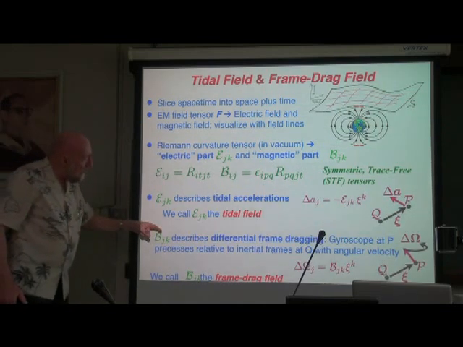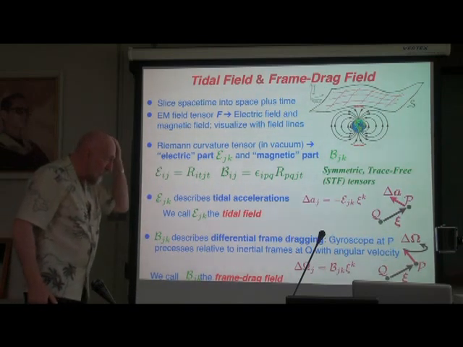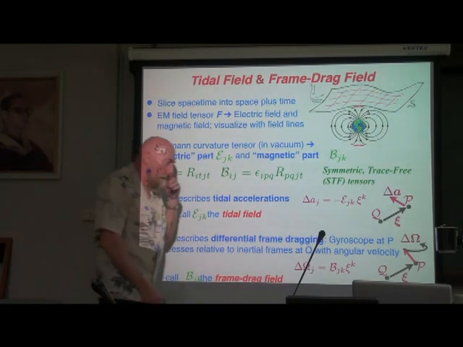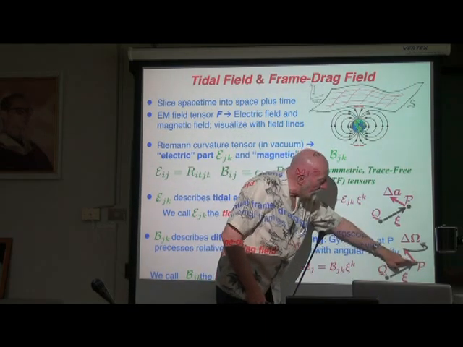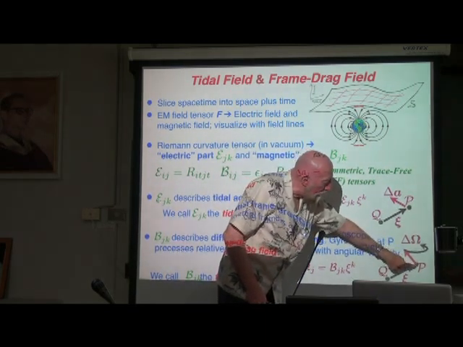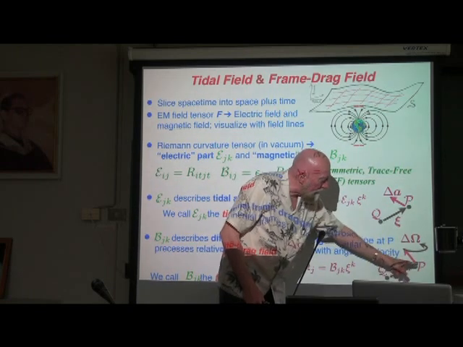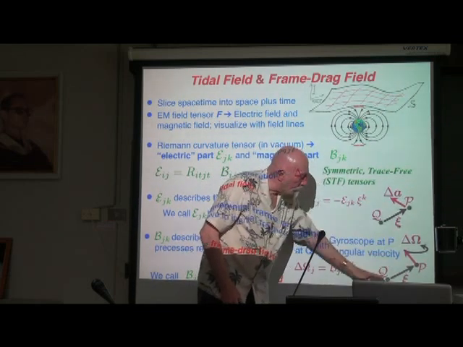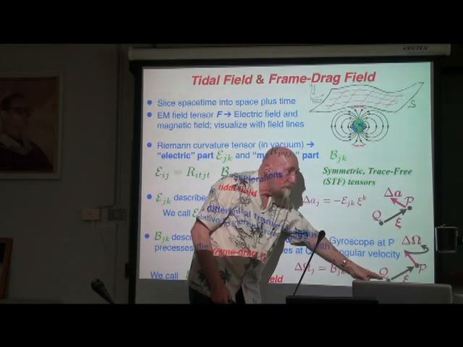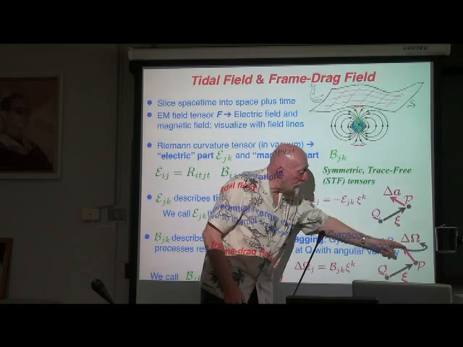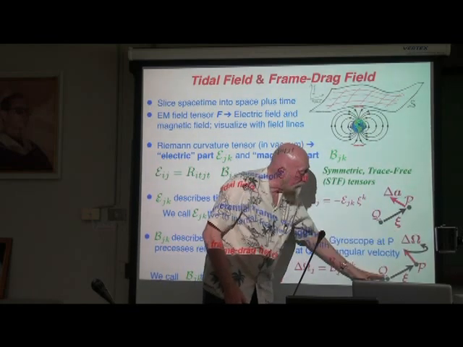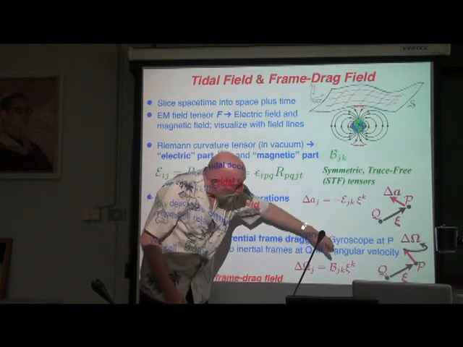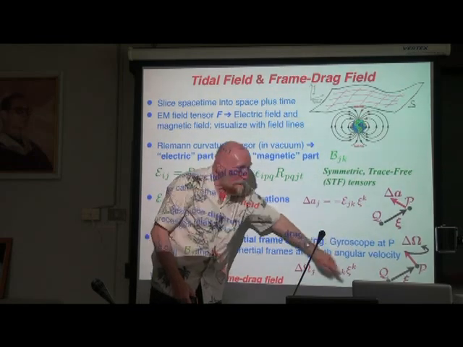Similarly, it turns out this other piece of the Riemann tensor describes differential frame dragging, in this sense: if I put a gyroscope at the location of particle P, and I measure how it precesses relative to inertial frames at Q, there will be a precessional angular velocity as seen in inertial frames at Q. That precessional angular velocity is just the product of B with the separation vector.